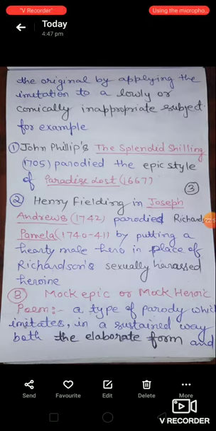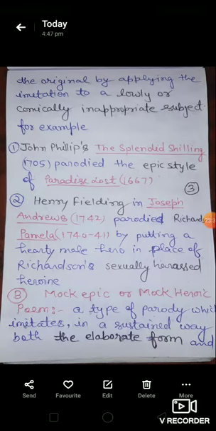They are sexually harassing him, as with the character of Lady Booby, who tries to seduce him. And one more example, a maid servant tries to do the same with Joseph. A very funny kind of novel, Joseph Andrews. Of course, sometimes you will find it boring when the philosophy of Henry Fielding is very much there in the novel, but overall, the novel is very entertaining. One must read it.